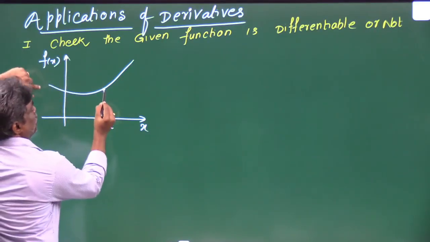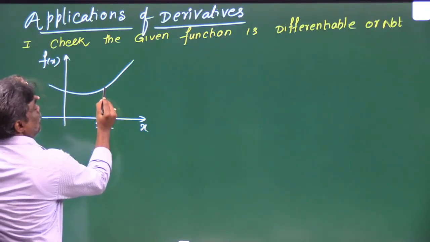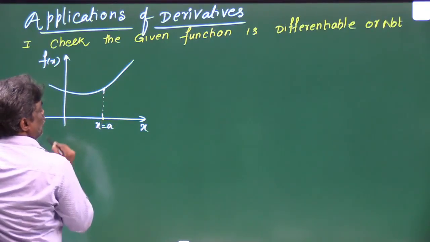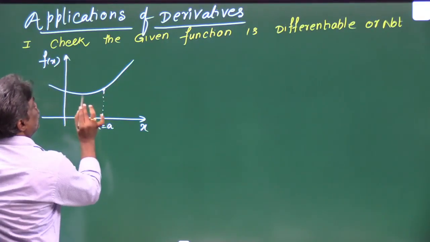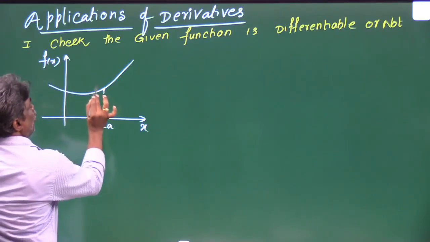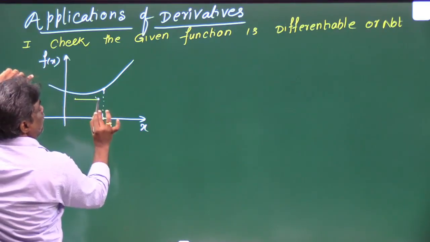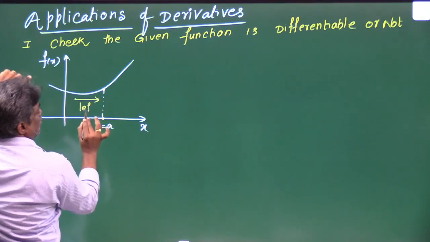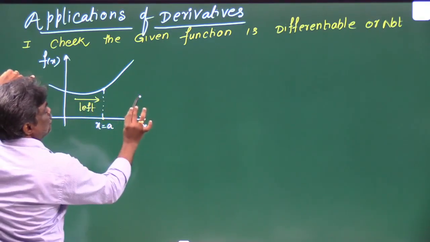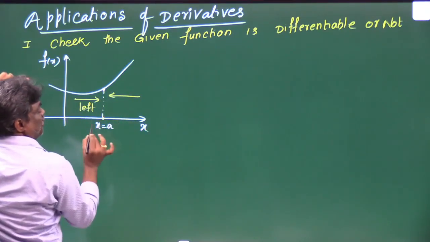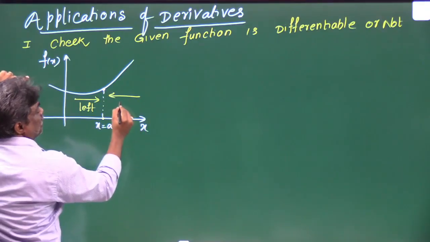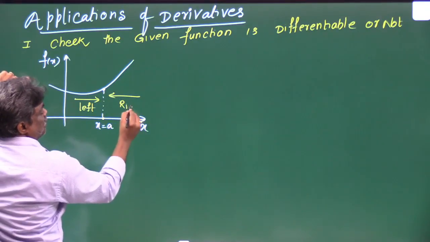Whenever you are going to check the differentiability at a particular point x is equal to a, what we have to do is find the derivative of f as x is approaching a from the left side, as well as the derivative of f of x as x is approaching a from the right side.